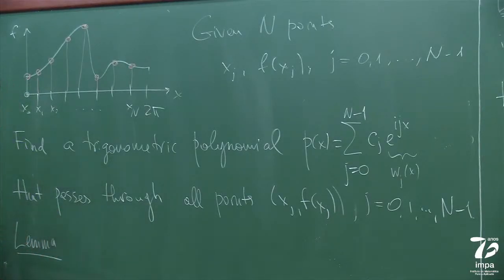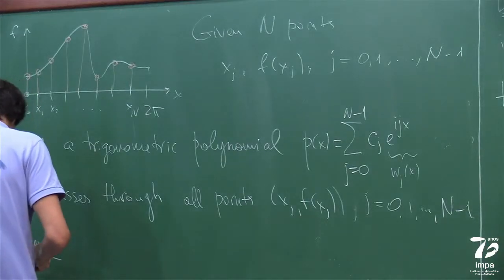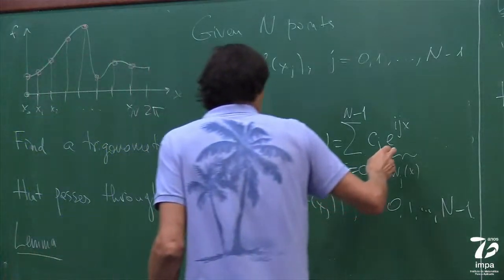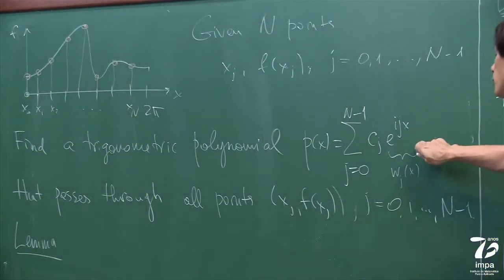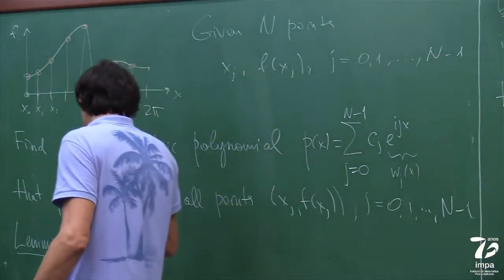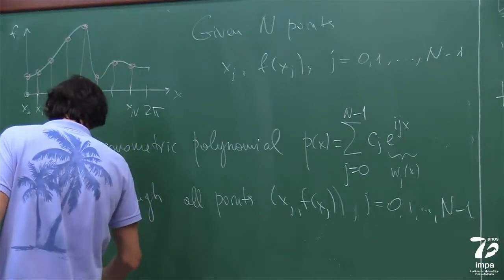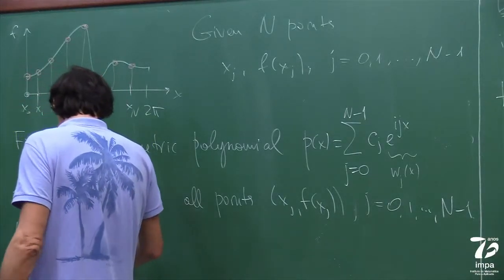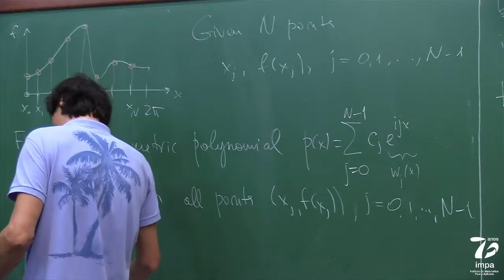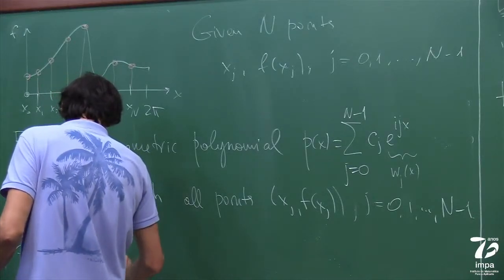So we need to find the orthonormal basis. But now it will be an orthonormal basis on these discrete points. So the lemma tells that these functions form an orthonormal basis if you consider the inner product in this form: 1 over n times the sum from 0 to n minus 1.